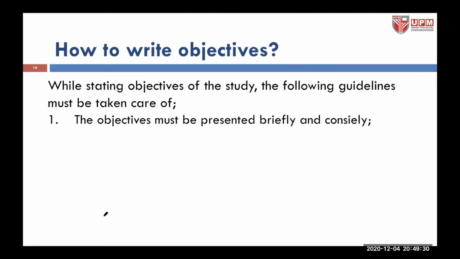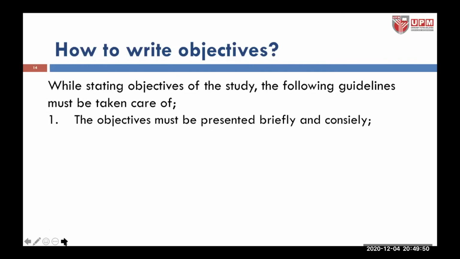First, how to write objective. I put here 5 steps or 5 guidelines on how we can start to write the objective. So a research objective must be presented briefly and concisely, right?